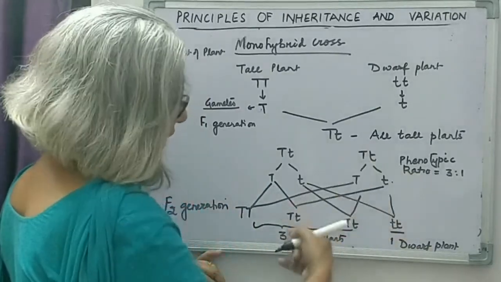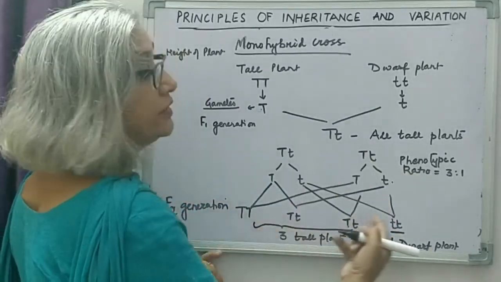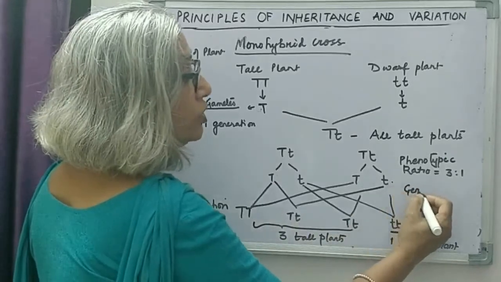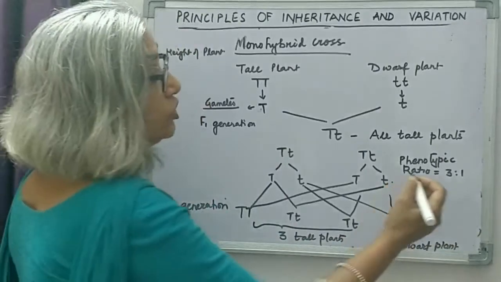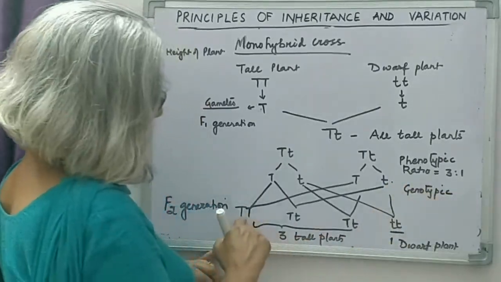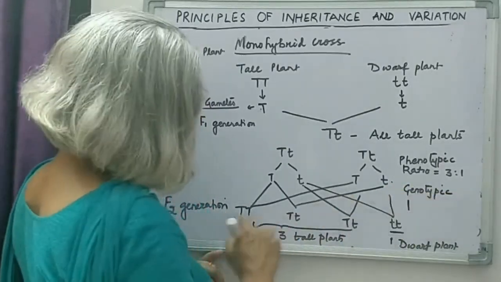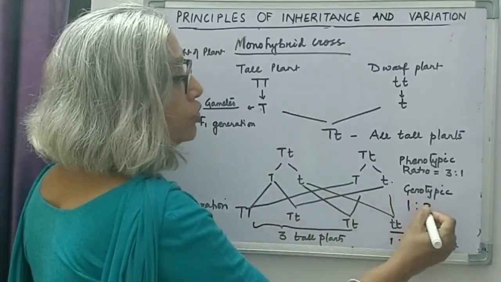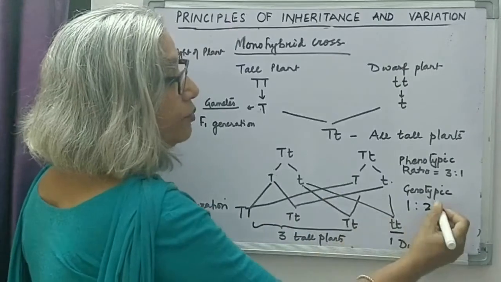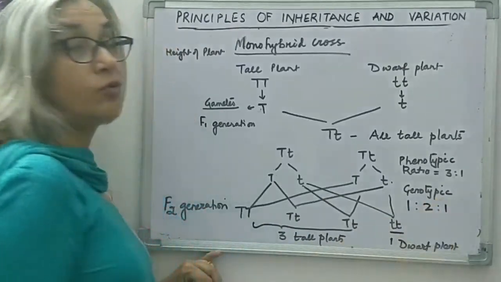If we see the genetic expression, this is the genetic expression or the genotype which is not visible externally. So the genotypic ratio in this case we see is 1 pure tall and 2 hybrid talls and 1 pure dwarf plant.